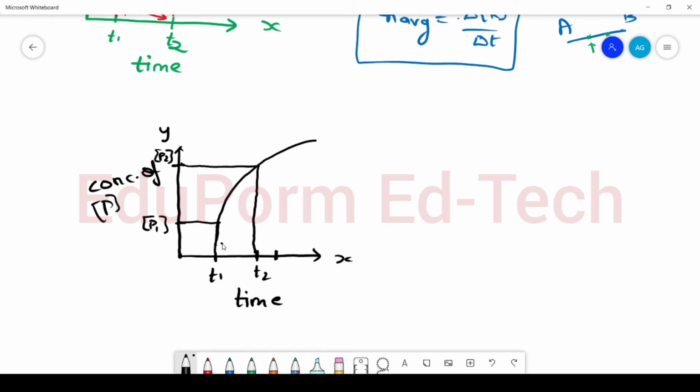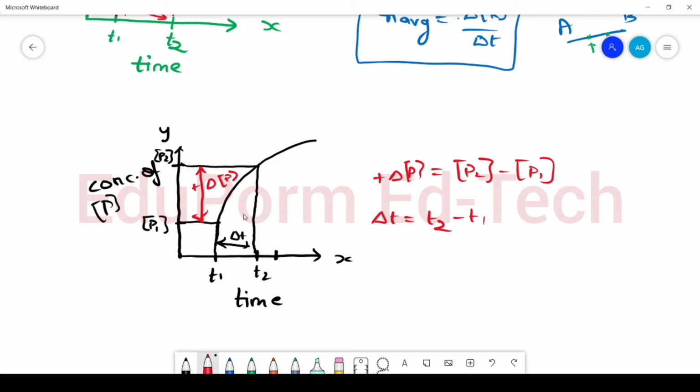So this represents delta T, the change in time, where delta T is equal to T2 minus T1, and this represents plus of delta P, that means change in concentration of product, which is equal to P2 minus P1.